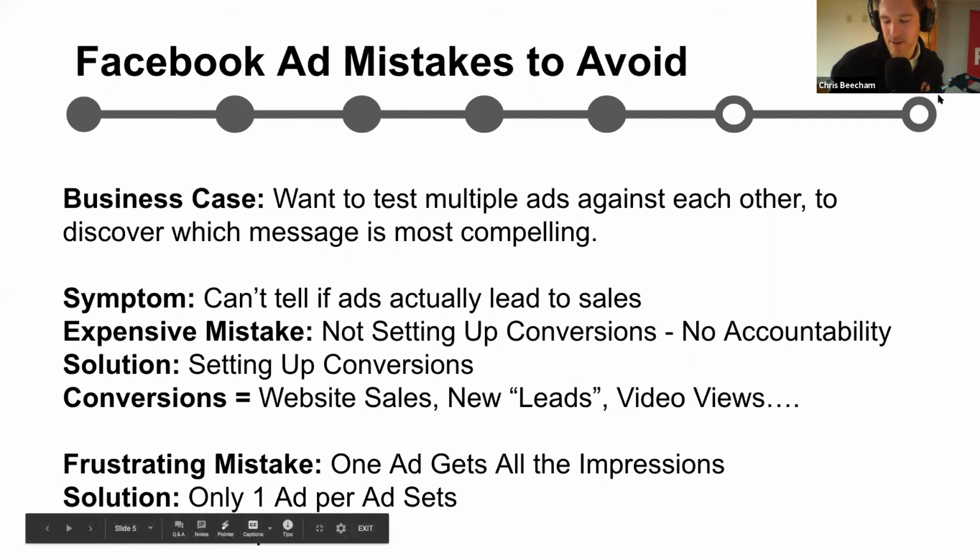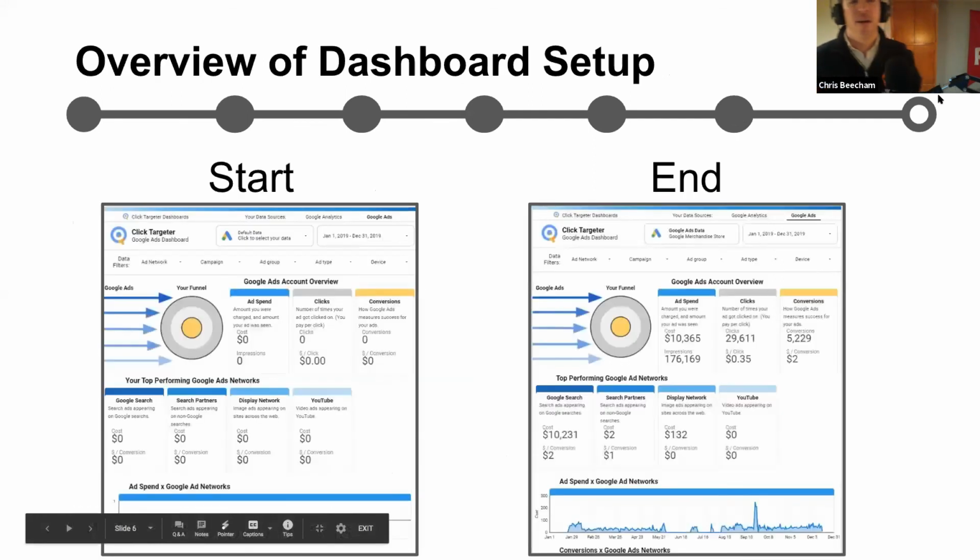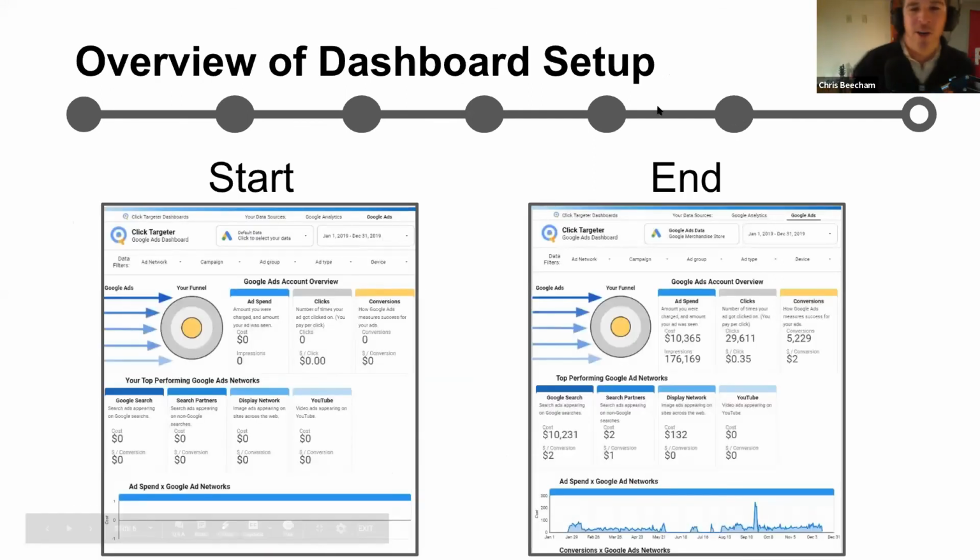I'm just going to keep going here. Okay, overview of the fun part. What we're about to do, I'm starting with what I call a template. A template is basically just an empty report. Then I'm going to connect this template to a real life Facebook ads account, and go in and fix every single part of it, get it up and running perfectly.